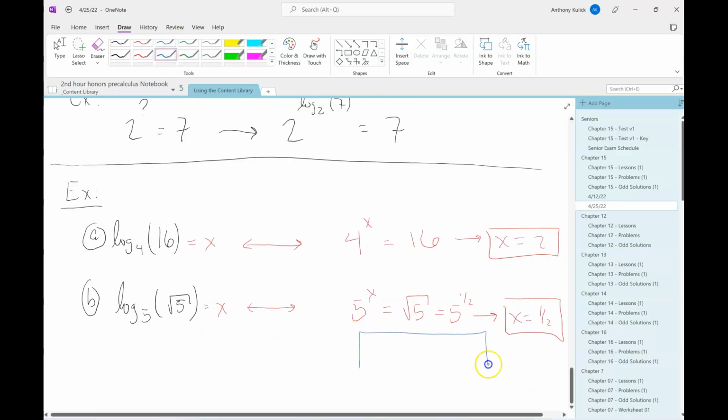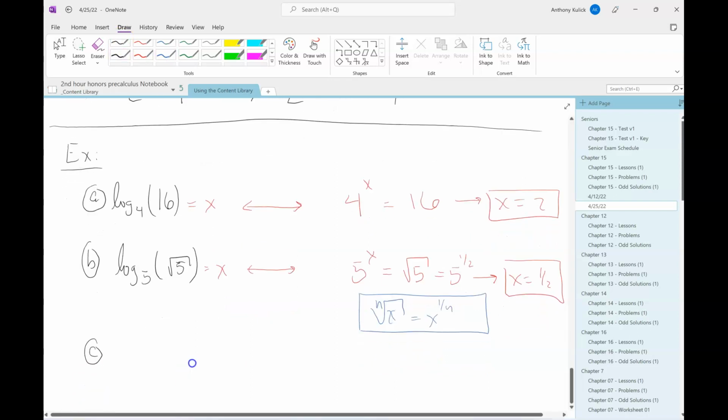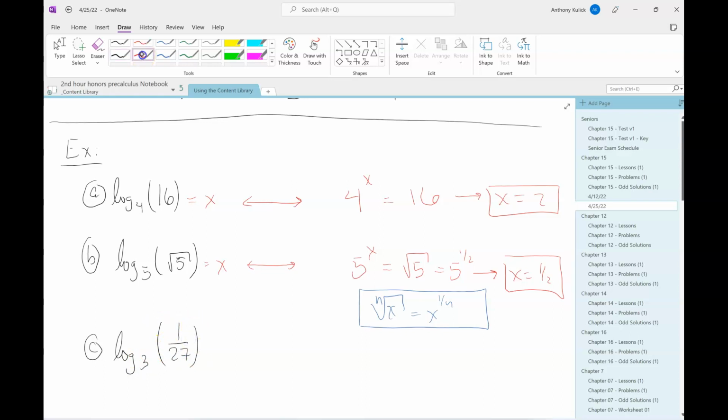Again, if you've forgotten that, the rule that we use there is the nth root of x is x to the 1/n. As those kind of exponent rules pop up, I'll just recap them a little bit. Okay.